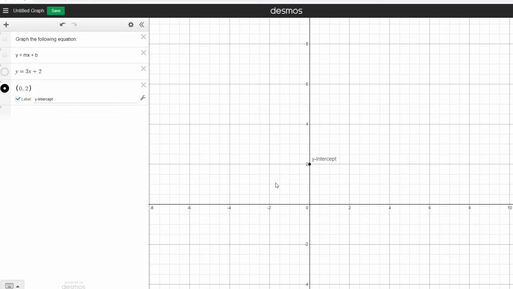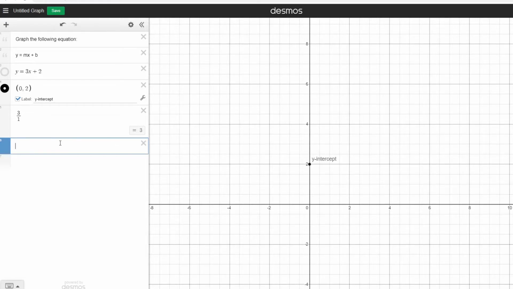Now what? Now we need to look at the slope of the equation. And the slope, as you can see here, is 3. So we would have to do rise over run and plot the other points using the slope. If it's 3, then we would have 3 over 1. So whenever we go up 3, we would go over 1.